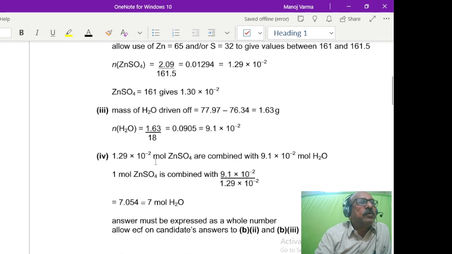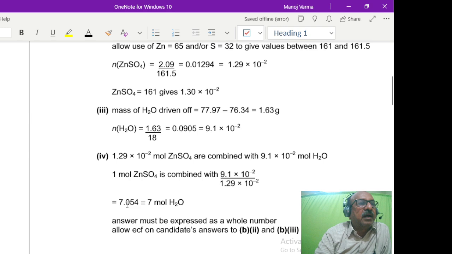Now you know the mole ratio. That means this is the moles of zinc sulfate and this is the moles of water. So now if you have to find the ratio, let us suppose that this is 1 mole. So how many moles of water, right? By the unitary method, or if you just do simple algebra, it comes out to be 7.054.